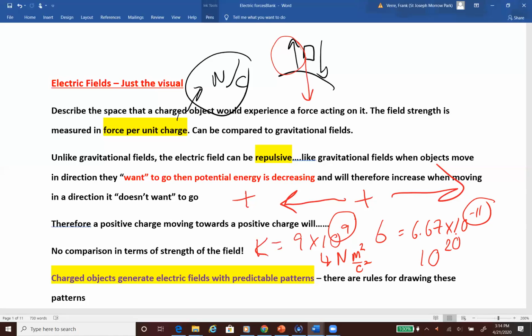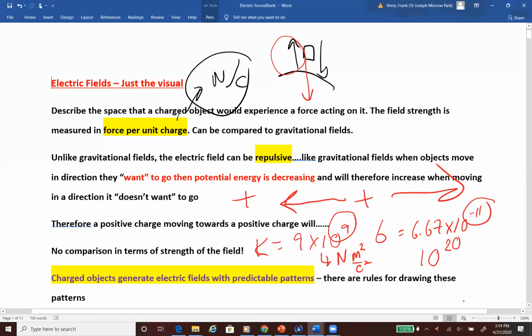It explains why a little magnet can hold a piece of paper against a metal filing cabinet even though the entire planet is trying to pull that paper down. So it's a much stronger force than gravity.